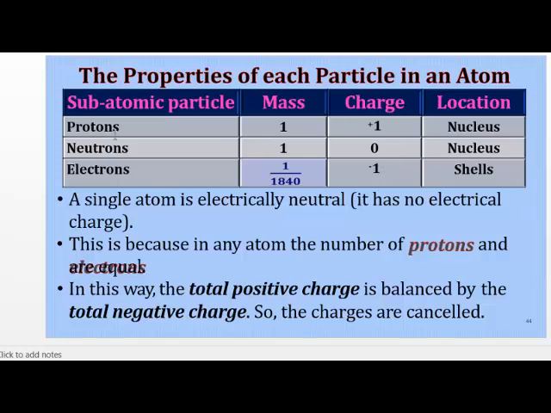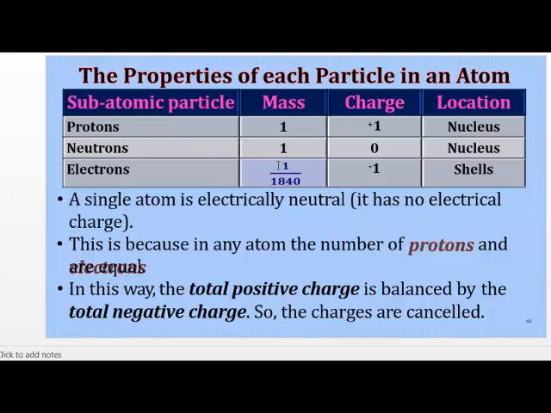Mass, now the mass of the proton is 1, the mass of the neutron is 1, but the mass of the electron is 1 over 1940. It means the mass of the electron is very, very small comparing to the mass of proton and the neutron.